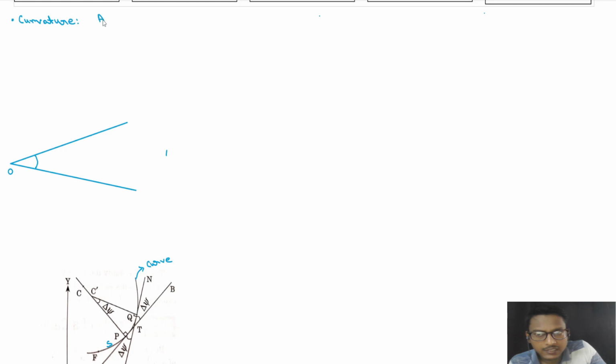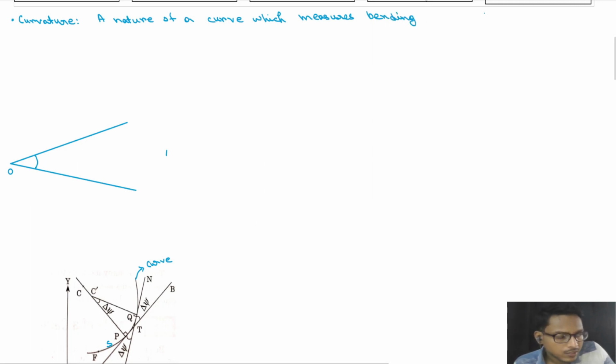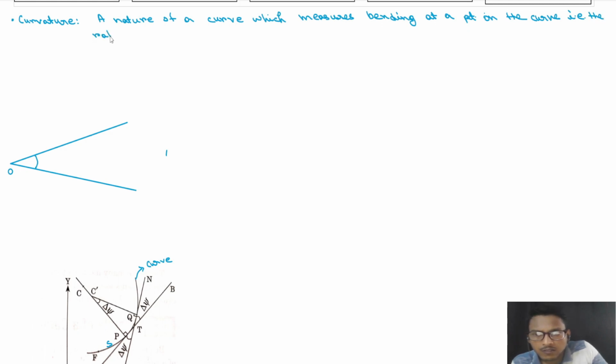Curvature is a nature of a curve which measures bending at a point on the curve, that is the rate of change of direction of a curve with respect to arc length distance.